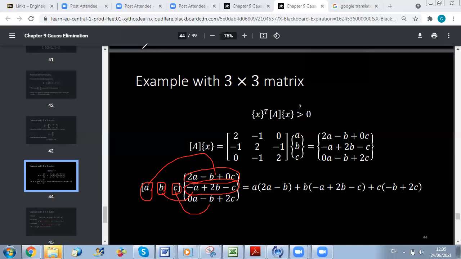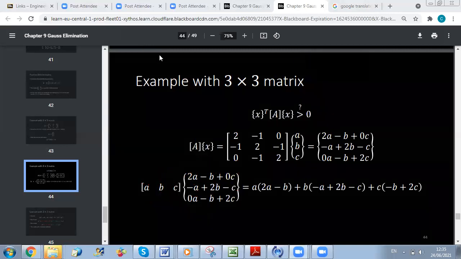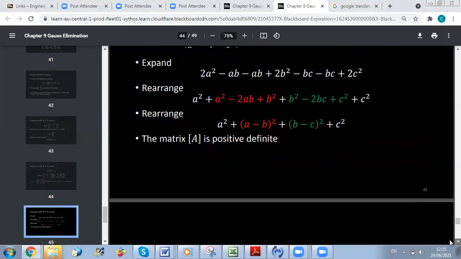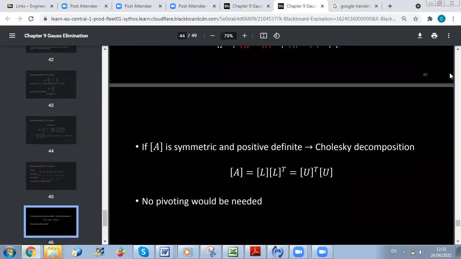And now, once we are done with this, we can verify that my matrix is positive definite. Now, how can I benefit from this?